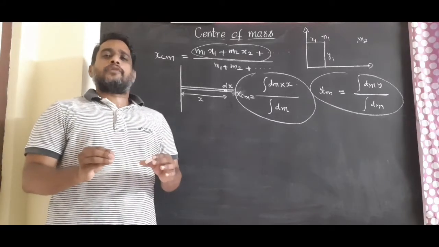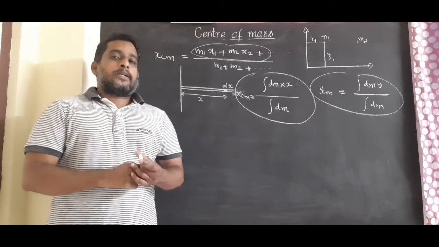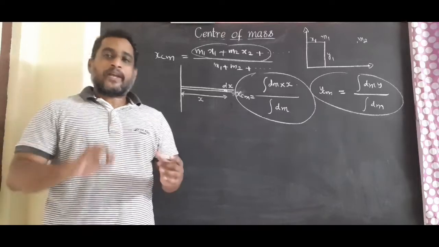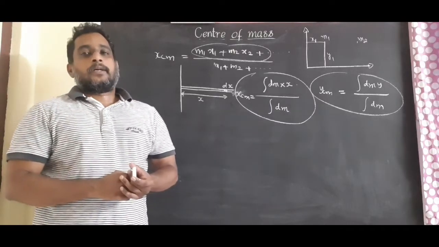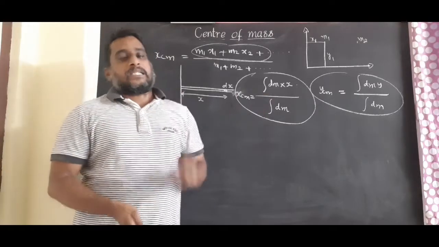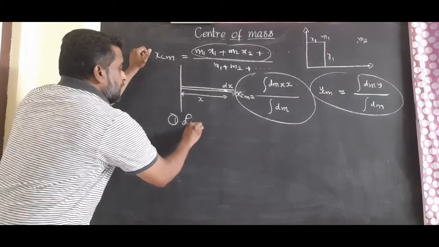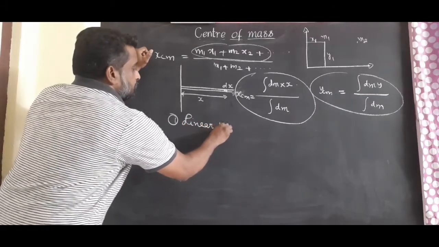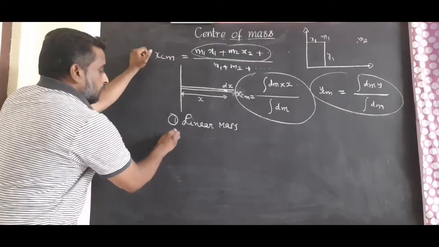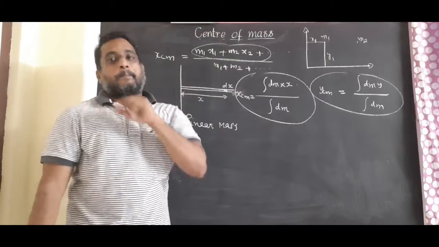Actually, in case of continuous mass distributed bodies, depending upon the nature of that mass distribution, we are having three types. If that mass may be distributed lengthwise, the first type will be linear mass distributed bodies. Second one will be that mass may be distributed over area.